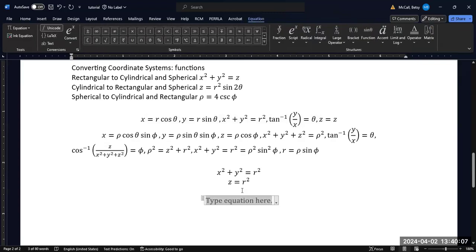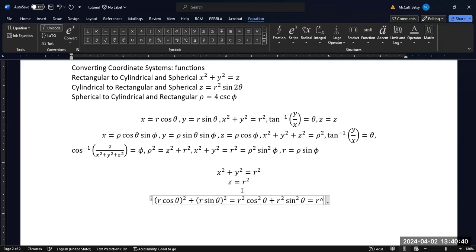Again, don't feel like you have to plug in r cosine theta and r sine theta, because what's going to happen if you do that, you're going to end up with (r cosine theta) squared and (r sine theta) squared, which is r squared cosine squared theta plus r squared sine squared theta.